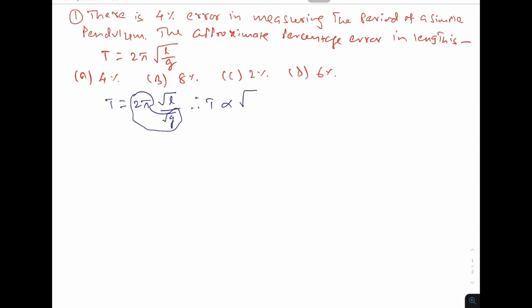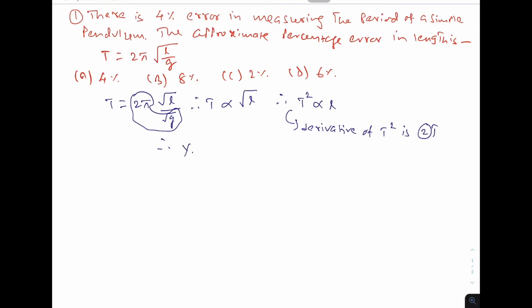T is proportional to root L, or you can say T square is proportional to L. That means now the derivative of T square is 2T.